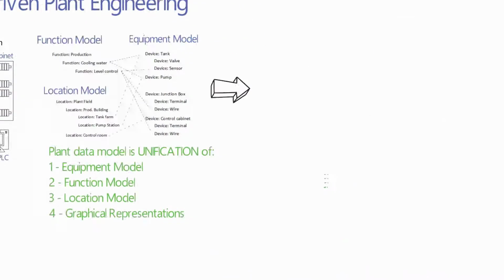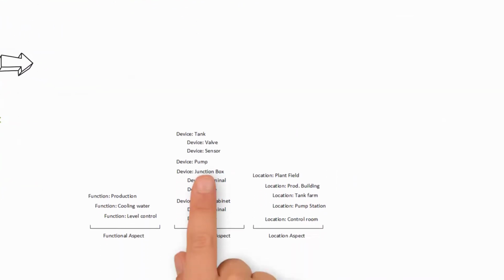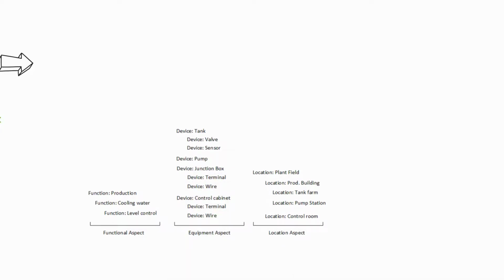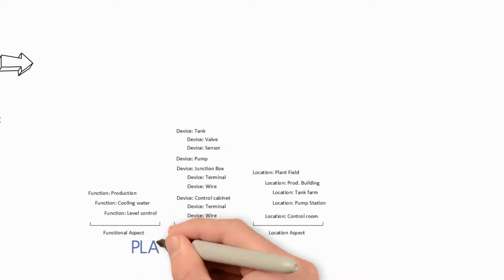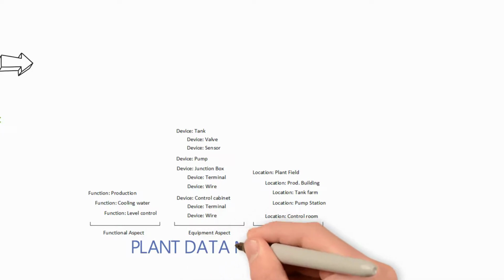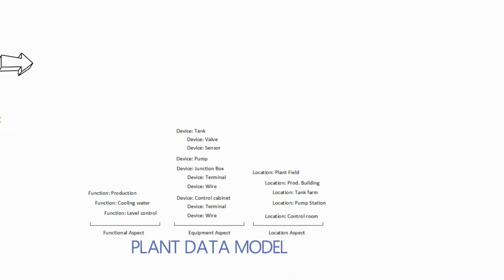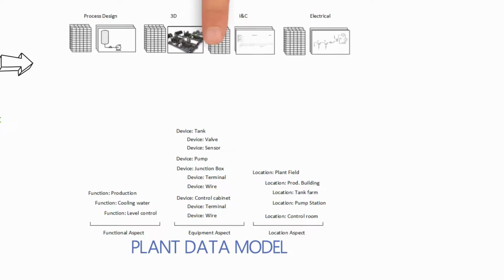A plant engineering software tool that is designed based on the model-driven engineering concept contains all aspects of the plant data model with the unlimited graphical representation of objects and data on all types of diagrams and reports.